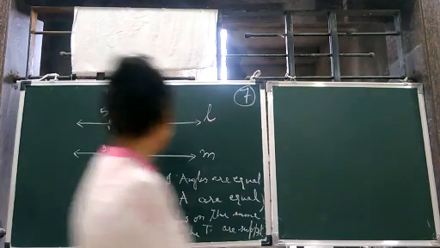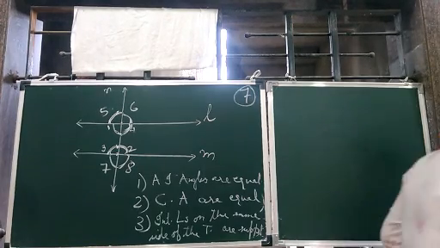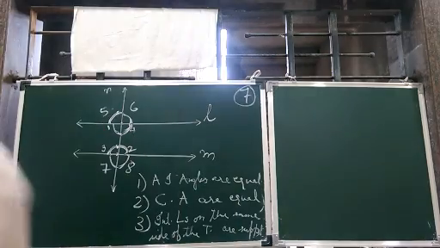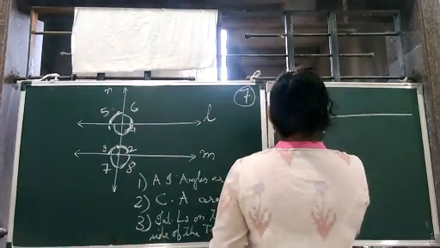Okay. Now, there is a new topic, children. The topic is checking for parallel lines. Means whether the given two lines are parallel or not. So very simple.